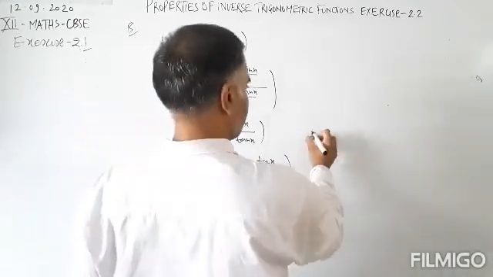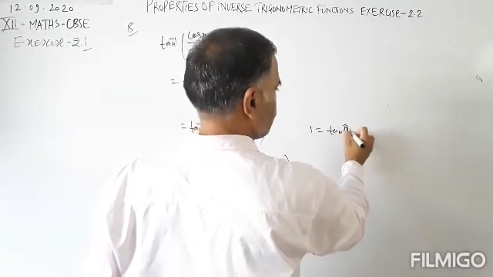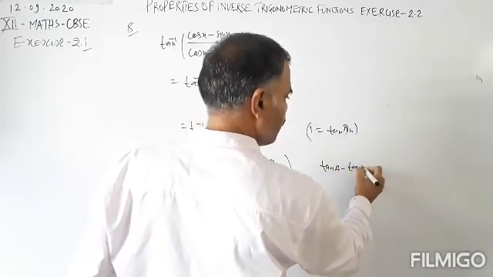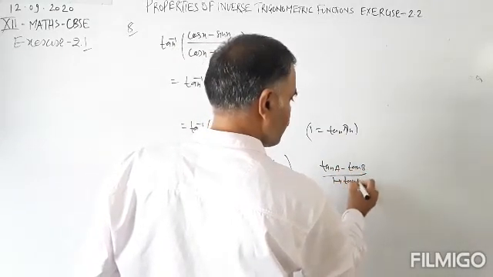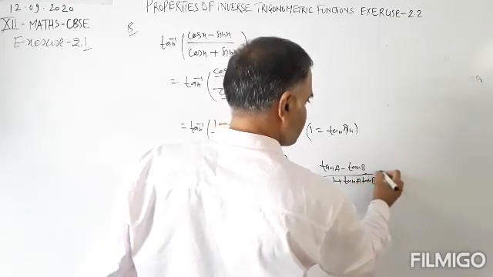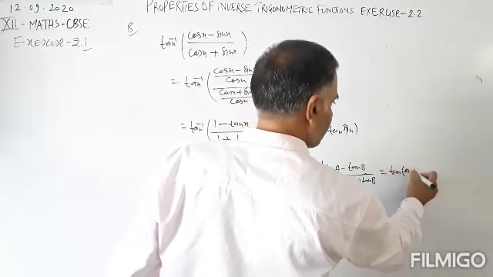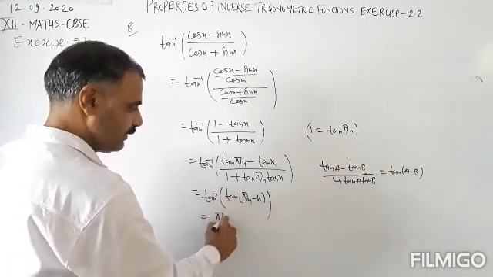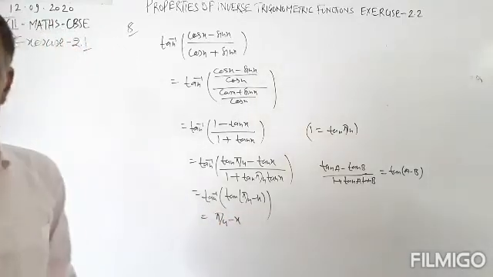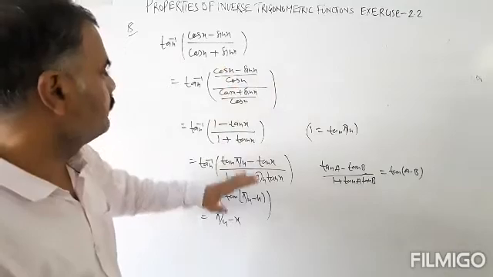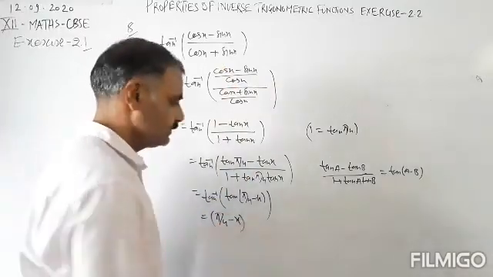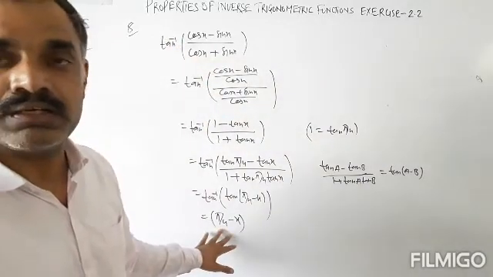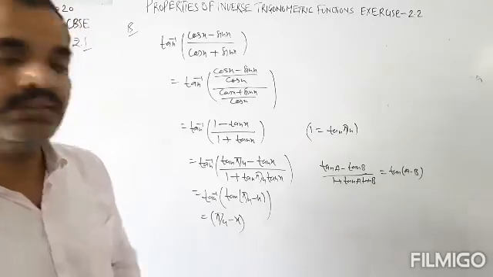Here 1 is equals to tan pi by 4, and this means tan a minus tan b upon 1 plus tan a into tan b is equals to tan of a minus b. Okay, so tan inverse and tan will cancel each other, leaving pi by 4 minus x. So this is the simplest form of the given inverse trigonometric function. This can be written as pi by 4 minus x.